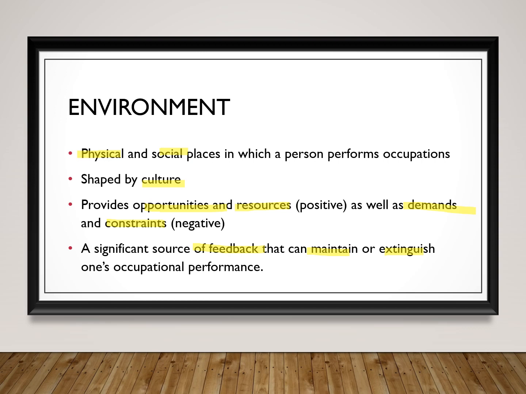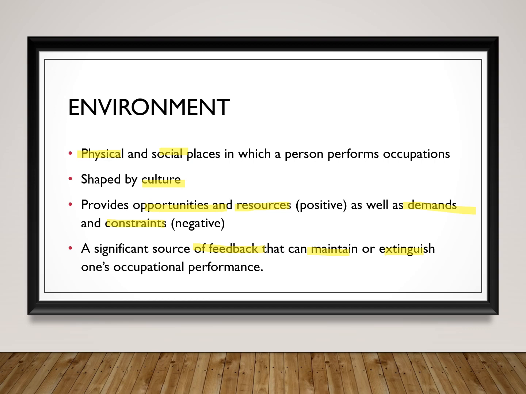So what this is saying is that in that feedback loop, your environment is external, such as the flat tire was a negative because it was a constraint that kept you from getting to class, right? And it did extinguish your occupational performance. However, we didn't talk about this.